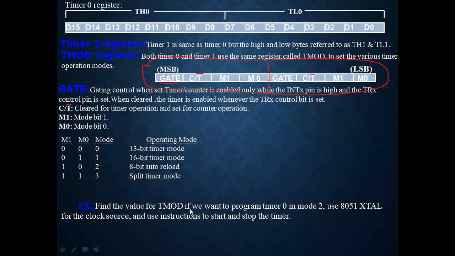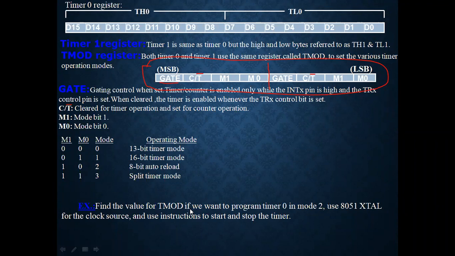Suppose we are using the 13-bit timer mode, and the timer register will be acting as a timer operation, not a counter operation.